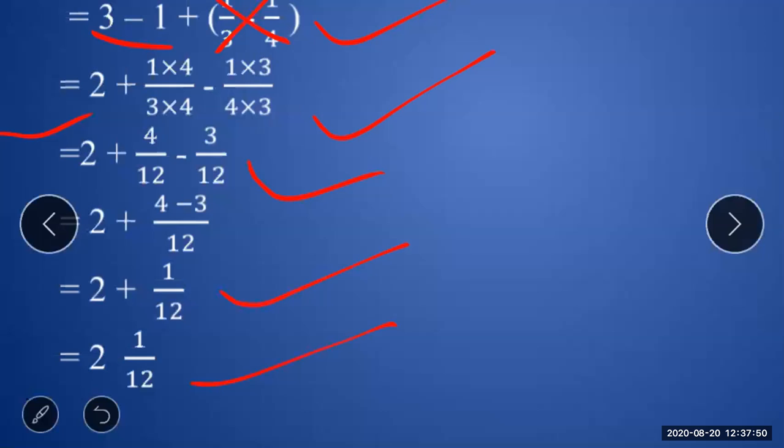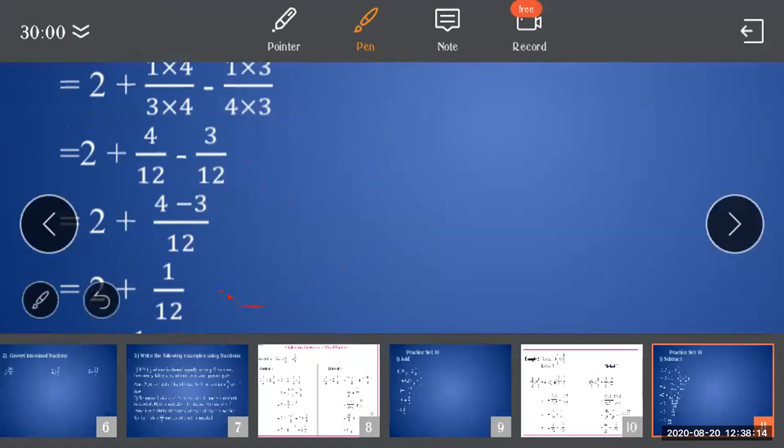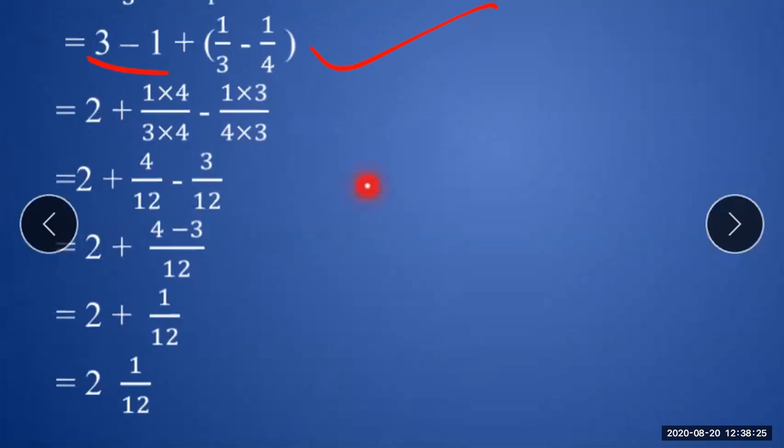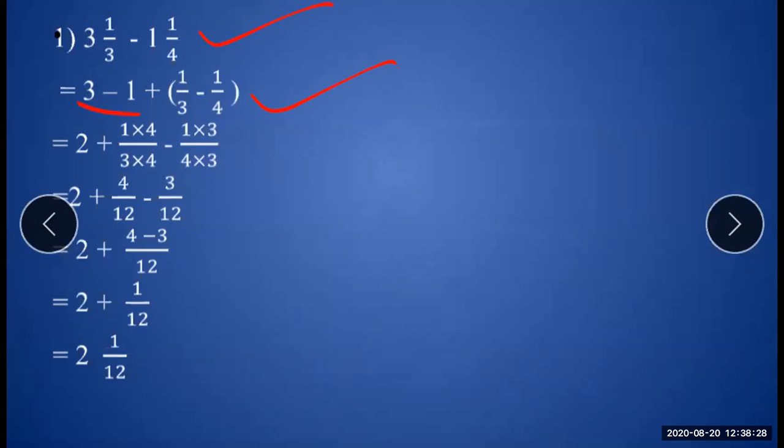I hope you people have understood now how to solve the subtraction sum. Methods are the same. Instead of plus, you are going to write subtraction, and when there is no common factor and it is not coming in the table, that time you have to cross multiply. Now, I hope you people have understood. I am giving you 2 minutes for completing this sum. Complete this sum so that we can move further.